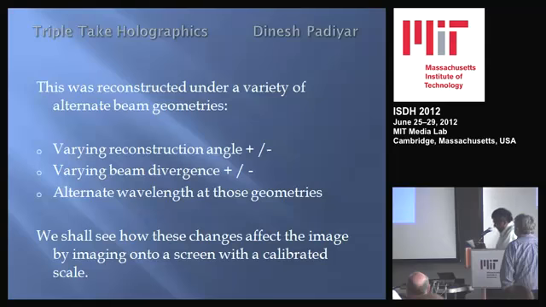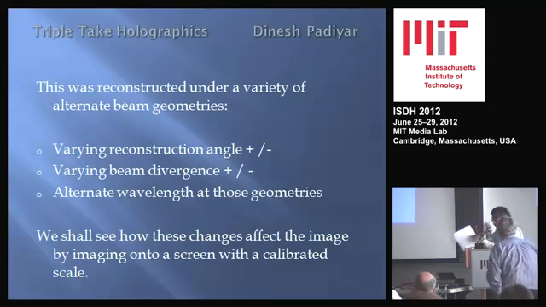We reconstructed the hologram under a variety of conditions. We kept the reconstruction beam collimated while varying the angles on either side of the recording angle. We varied the beam divergence, and also we varied the angle. So we diverged the beam along the line of the original divergence, and we changed angles on either side.